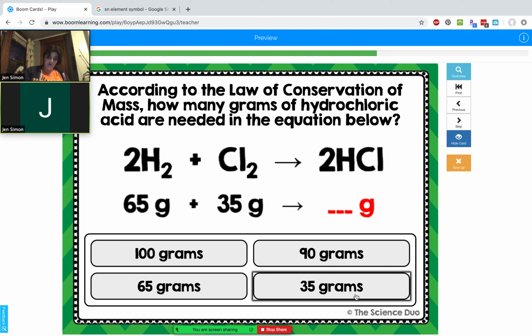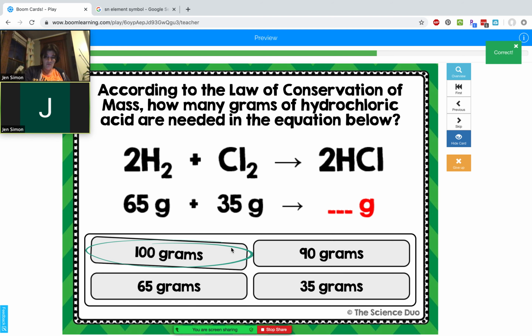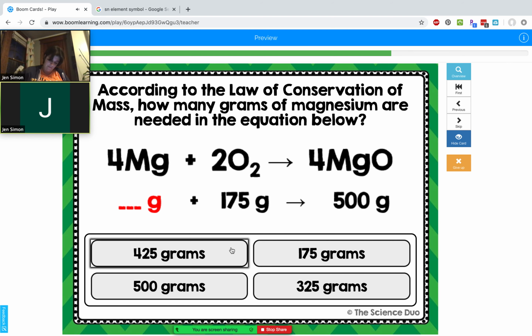And 65 plus 35 is going to give us 100. Here I have something plus 175 give us 500. So I'm going to do 500 minus 175. And 500 on my calculator minus 175 equals 325 grams.